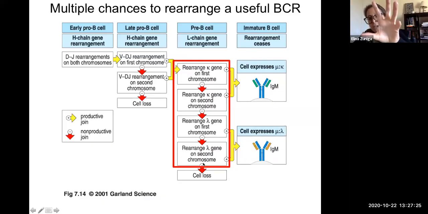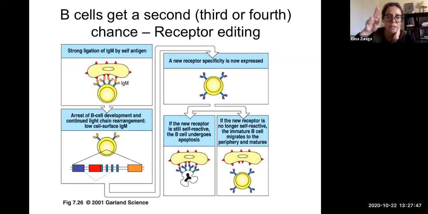If it's still self-reactive, the cell will die. But if it doesn't engage the self-antigens in the bone marrow anymore, it will continue the differentiation into a mature B cell, express immunoglobulin D, and exit the bone marrow to the periphery, to start circulating in the secondary lymphoid organs.